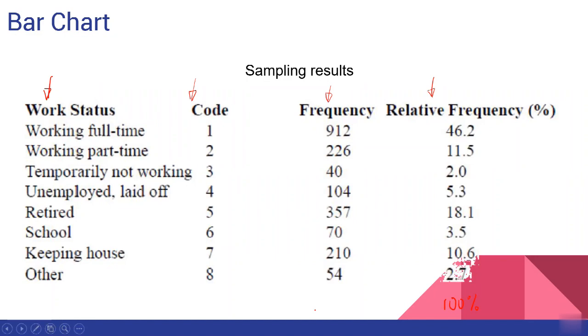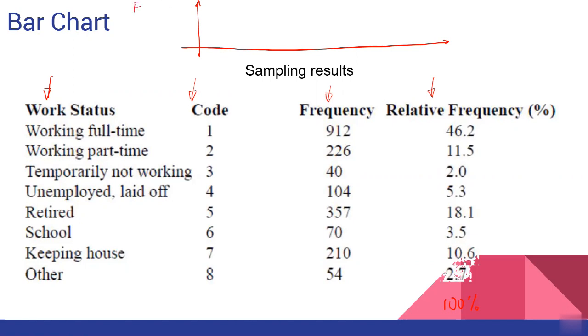Okay, and then we can use the frequency or the relative frequency to build the bar chart. Again, we use two-dimensional coordinates. The x-axis is our work status, which is the code, right?